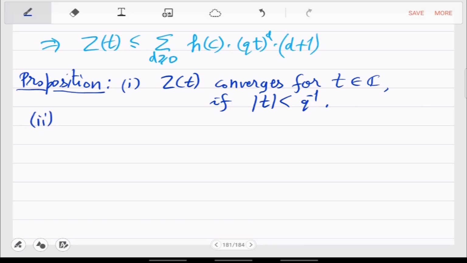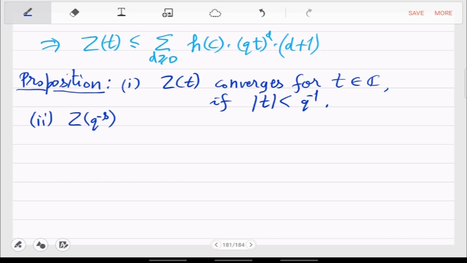And second, to compare with the classical zeta function of Riemann, we'll sometimes substitute t by q raised to minus s, where s is a variable which you can think of as taking complex values.